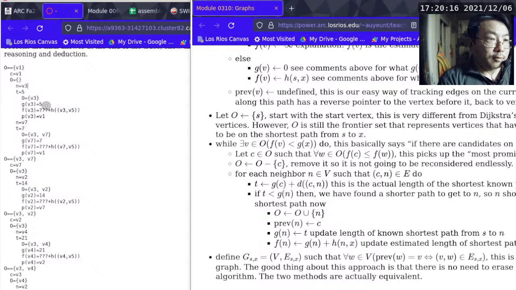When C is V2 and N is V4, then we know there's an edge from V2 to V4. At that point we should also know the G value of V2.